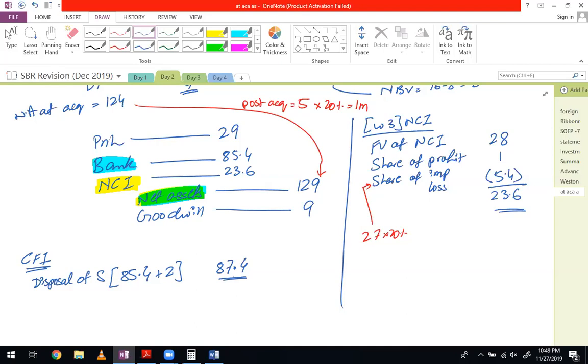So a long thought process behind getting a value of the bank. Now, Cindy, if you remember, if you would have not adjusted this 2 in this 129, then the post-acquisition profit would have been incorrect. And because of that, the share of profit would be incorrect. And 23.6 would be incorrect. If 23.6 is incorrect, then 85.4 will also be incorrect.